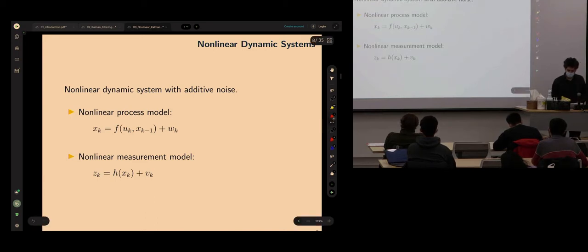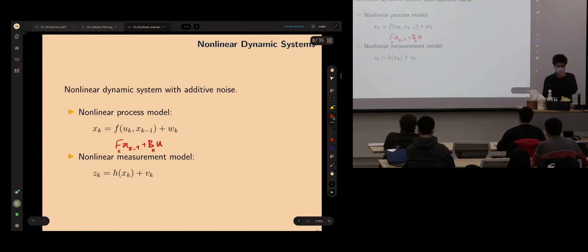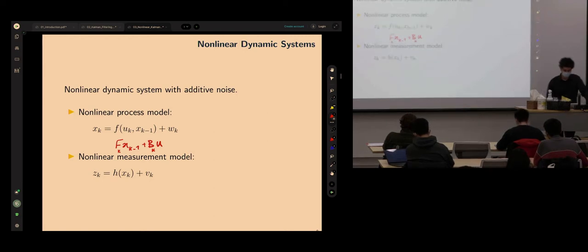So the process model can be, instead of F x_{k-1} plus B u. By the way, this F and B can be time varying, but they're linear. It can be a linear time varying system. That's also allowed. You just have a different F and B matrix.